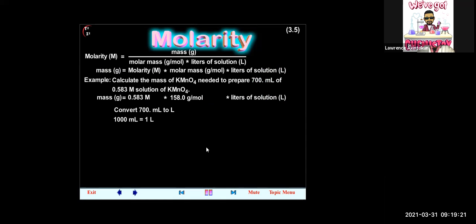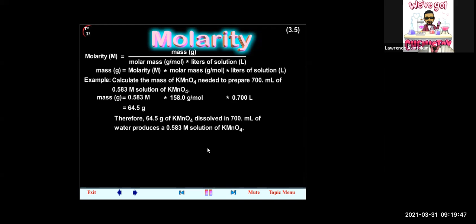liters. 1,000 milliliters equals 1 liter. Hence, 700 milliliters times 1 liter divided by 1,000 milliliters equals 0.7 liters, equals 64.5 grams.